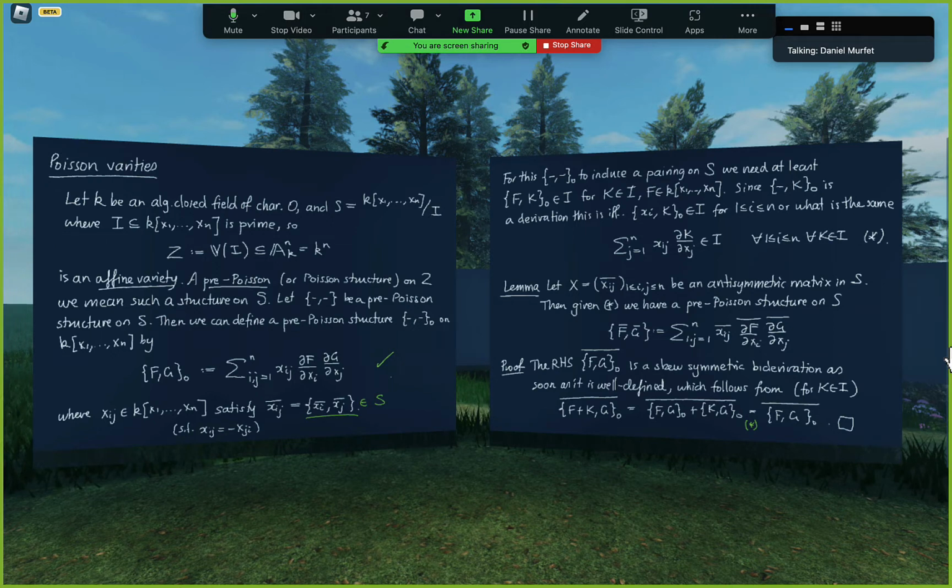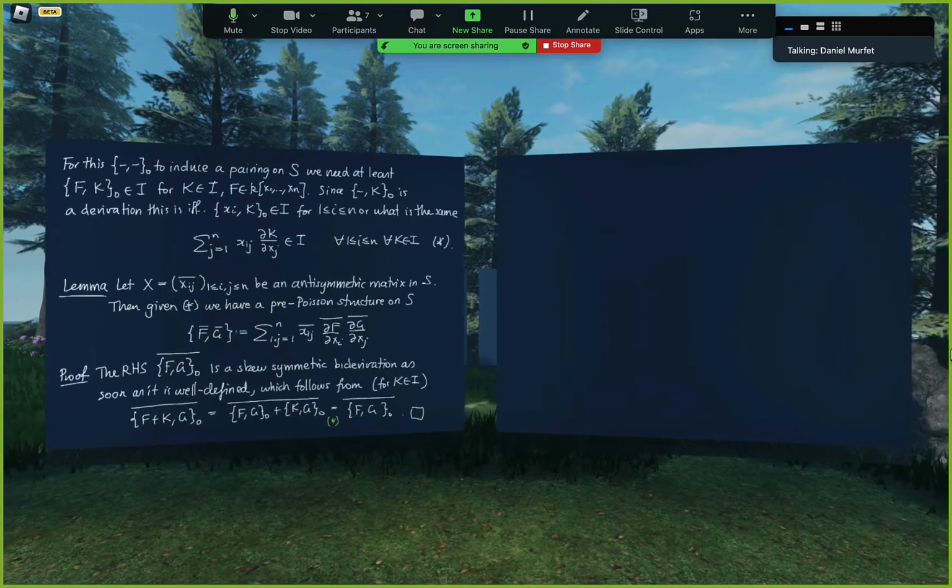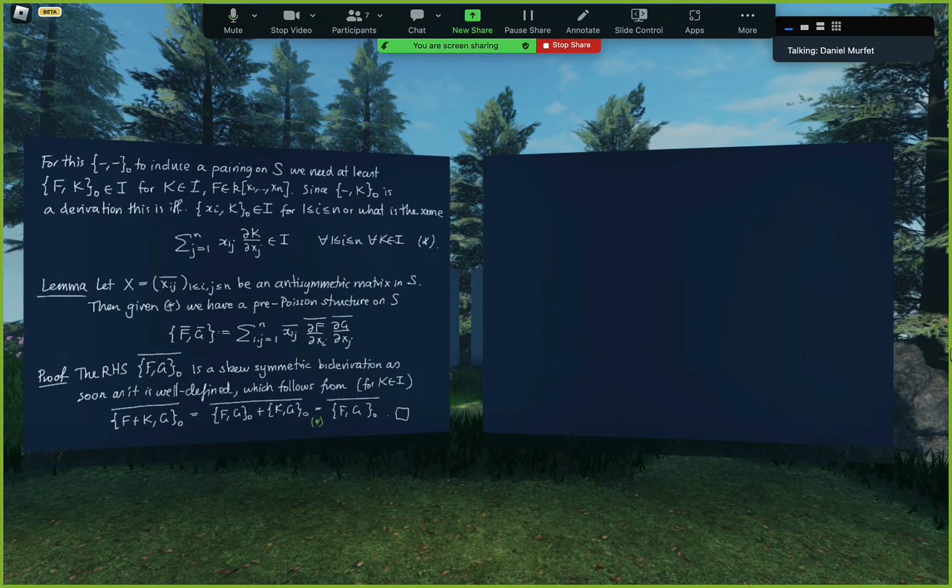Maybe the final remark I'll make on Poisson structures on quotients like this is, perhaps relevant to what we're going to do with Slodowy slices, I don't know. But suppose that you have generators for I. Right? So if I is given by a list of generators, then this condition star, again, using the fact that it's a biderivation, can be reduced to just checking on the generators.